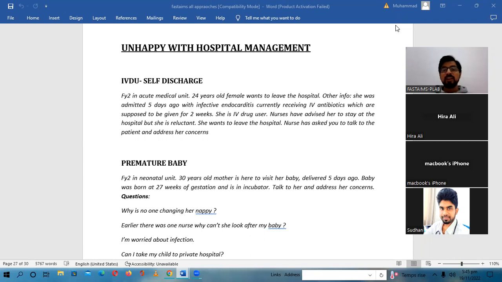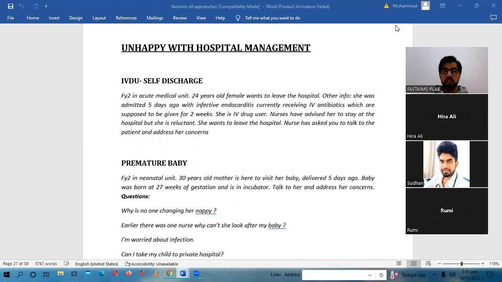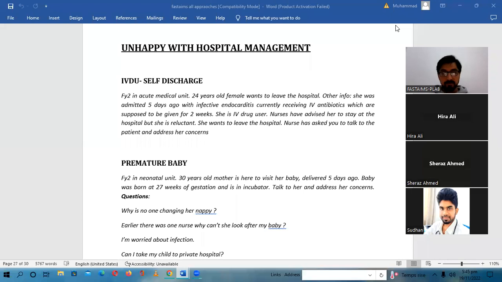Can you tell me what you know about your treatment? What have you been told so far? What's wrong with you? What's going on with you? Did the doctors tell you about it? So you have to ask her what the patient knows about their condition. You have to explore, okay. And then ask, how are you feeling since your admission?